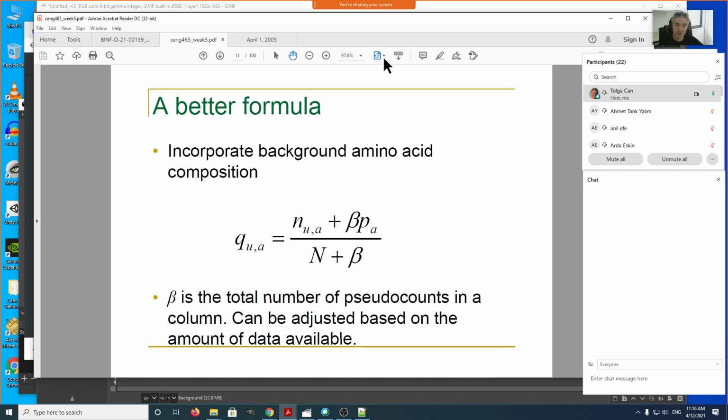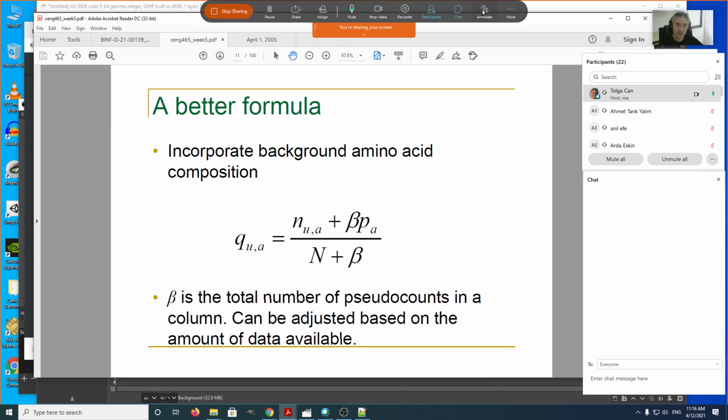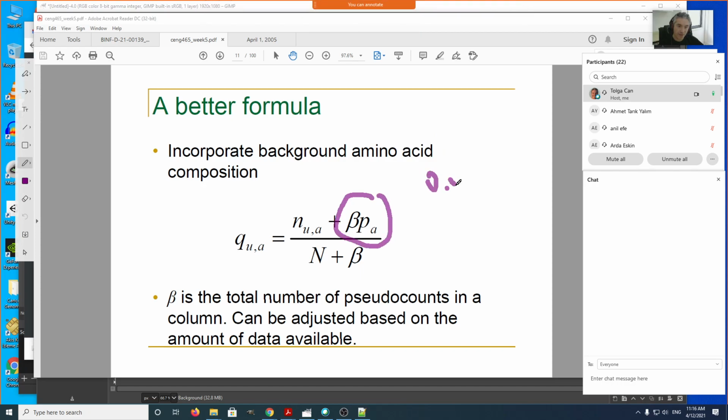And this is also something nice. Look at this right-hand side here. Instead of using, for example, 0.5 for all of them, the same amount of count for every type of amino acid, why not introduce these pseudo counts proportional to their actual occurrence in nature?